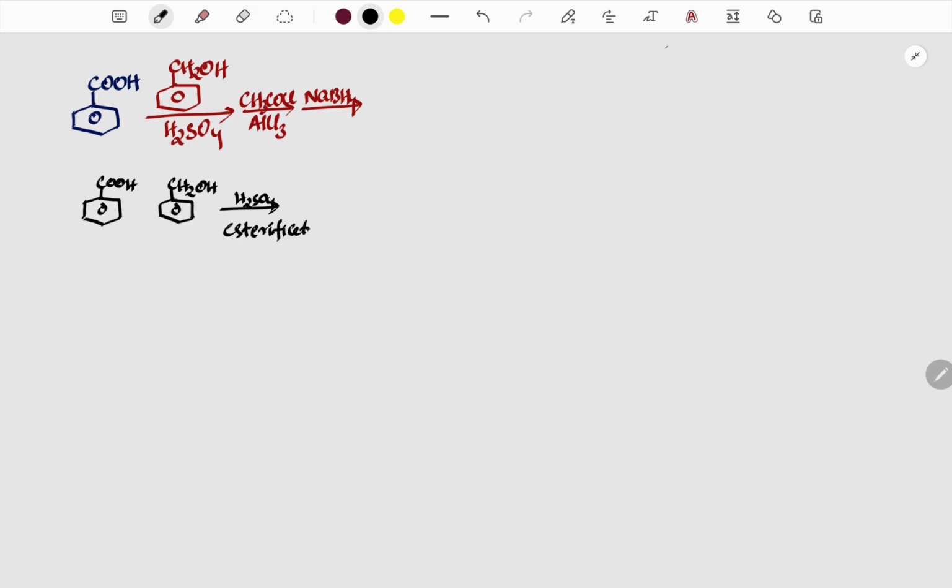Acid plus alcohol in the presence of H plus forms a carboxylic ester. Therefore, this lone pair attacks this carbon, the leaving group will leave, and the corresponding carboxylic ester is formed.